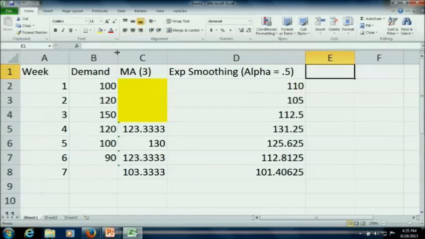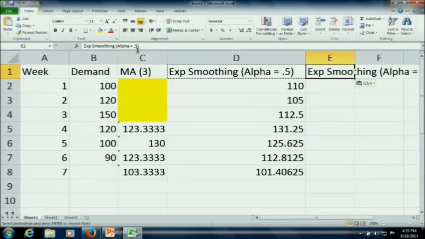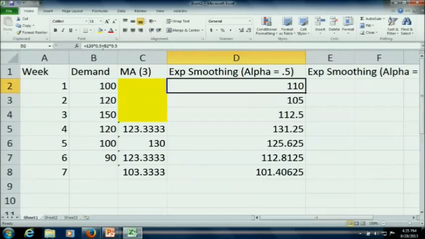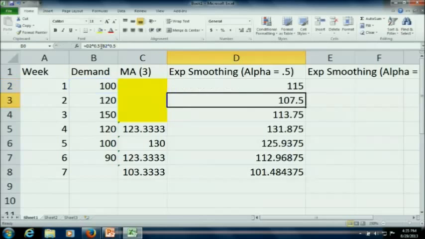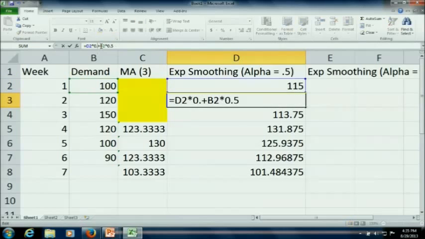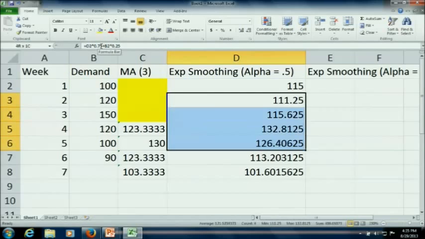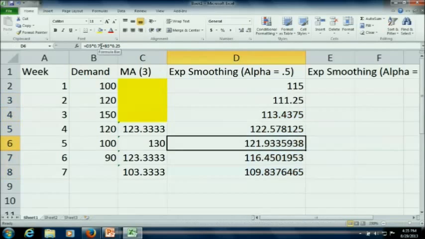Now let's do a smaller alpha, 0.25. So I would take 75%, 1 minus alpha, from my forecast, and then 25% from my actual. And so it reacts slower than before.